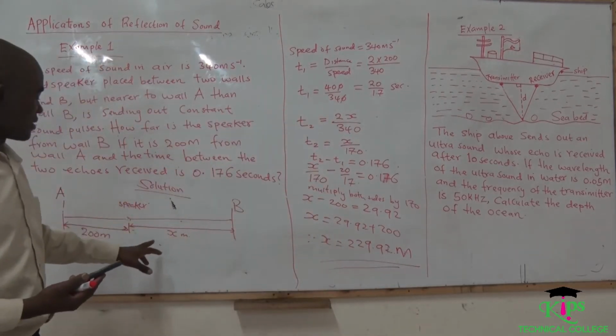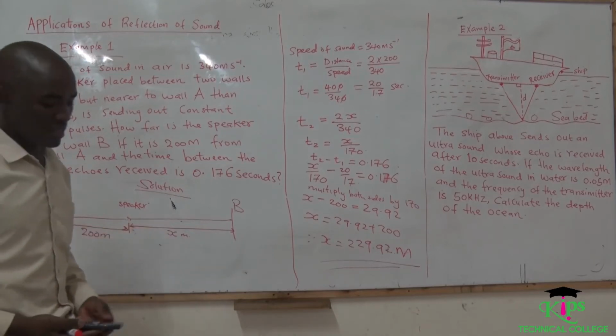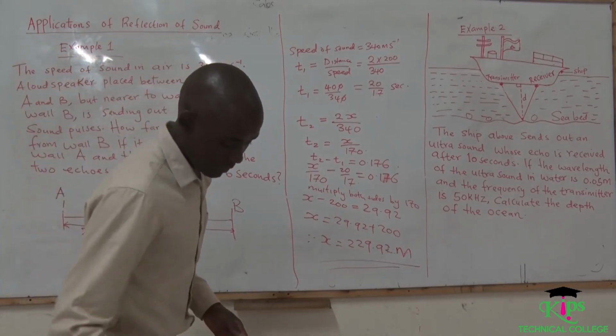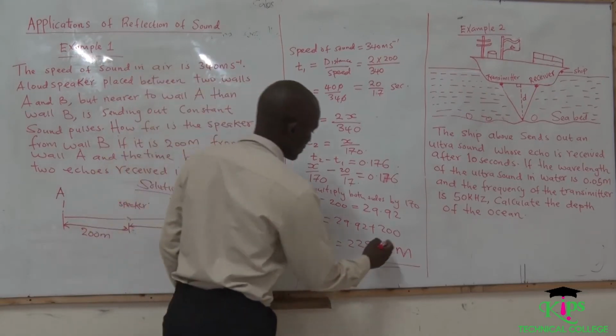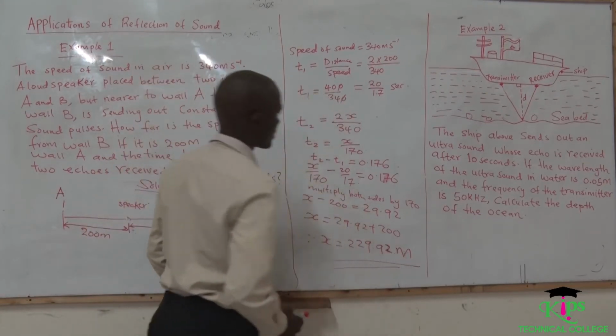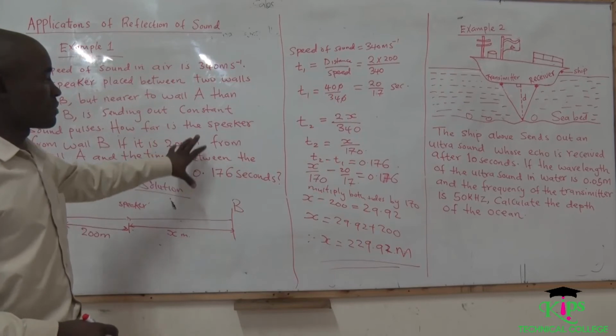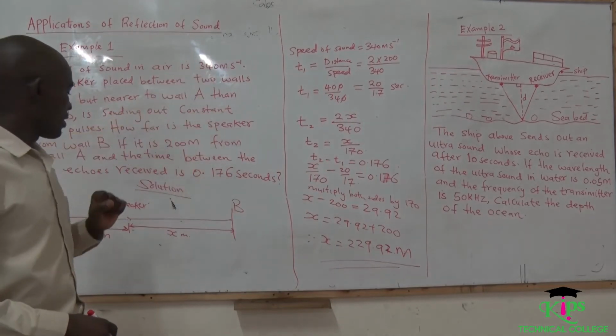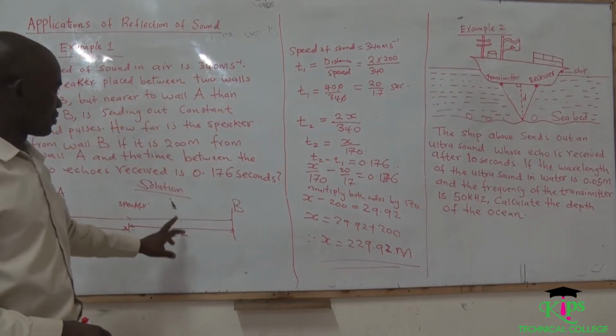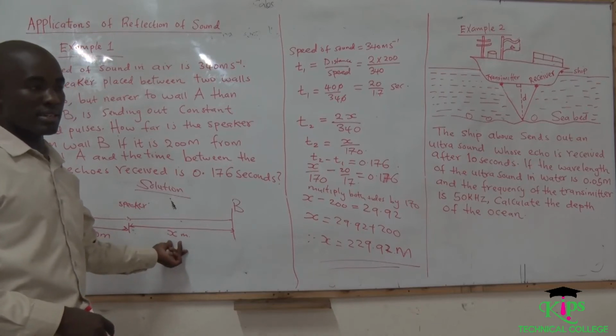So the distance between the speaker and the wall B is 229.92 meters. So basically these are the steps you are required to go through before you are able to determine this distance x.